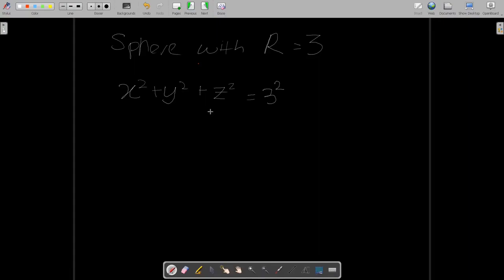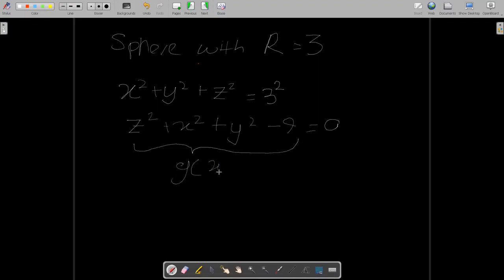So first, we just bring everything to the left-hand side, so I'm going to rewrite this: x squared plus y squared plus z squared minus 9 equals 0. And then I'm going to call this whole expression g of x, y, z.